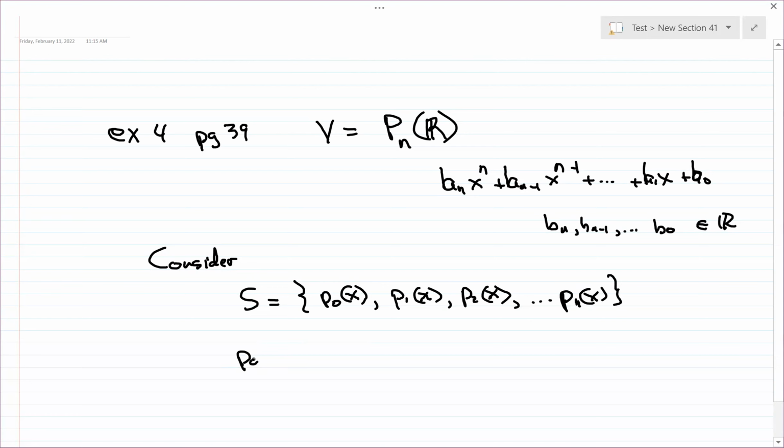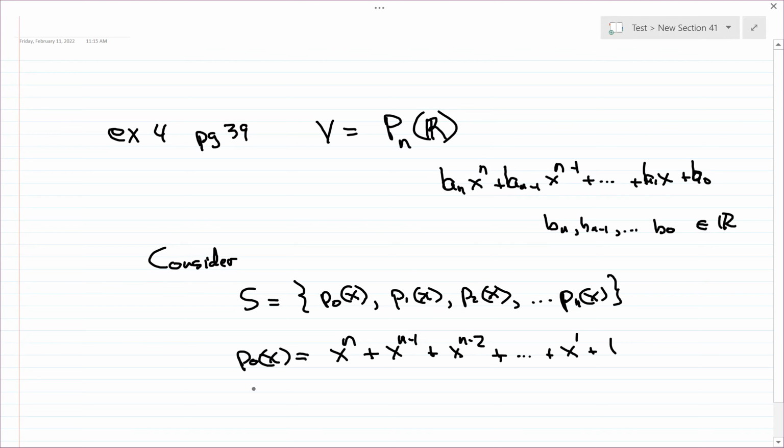So P0 of X looks like this. X to the n, x to the n minus 1, all the way down to x to the first plus 1. So it's an nth degree polynomial, but each of the coefficients, the b's, are each 1.